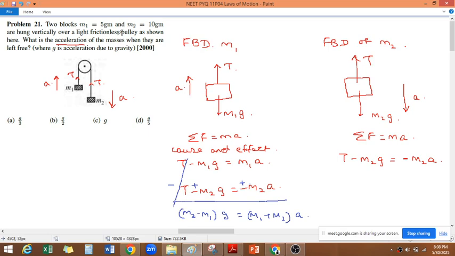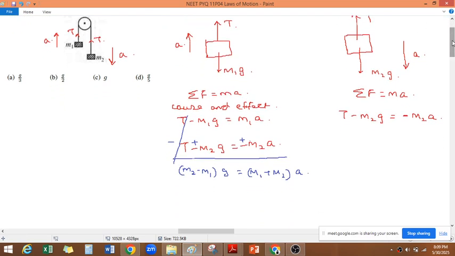Actually, I could have directly put this 5 gram, 10 gram here, but sometimes they may not give you these values, and they will give the options in terms of M1 and M2. So in that case, you should also know how to do the algebraic problem instead of the numerical problem.